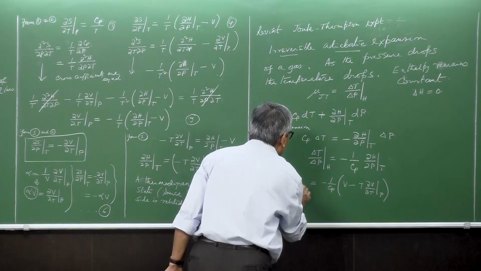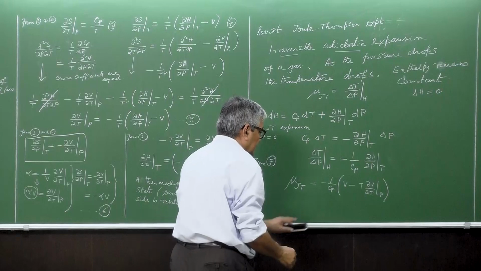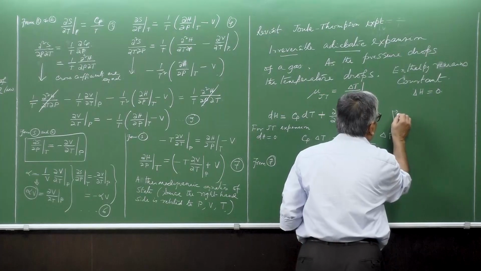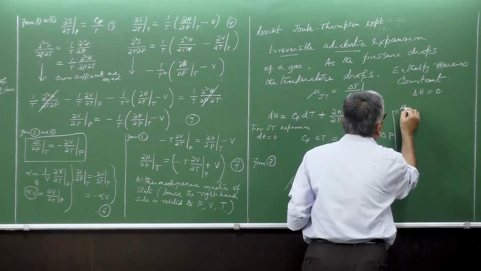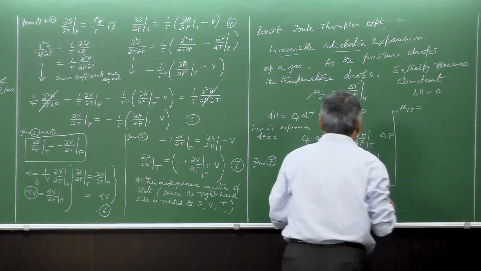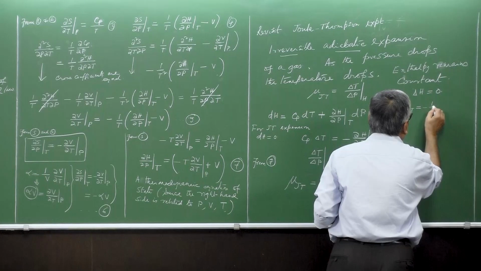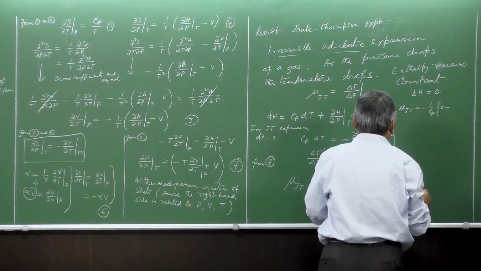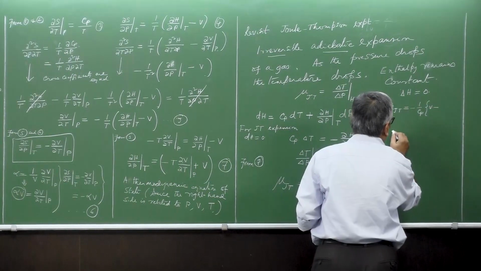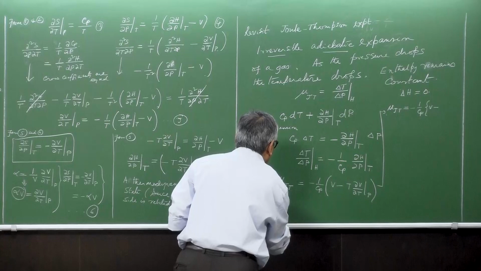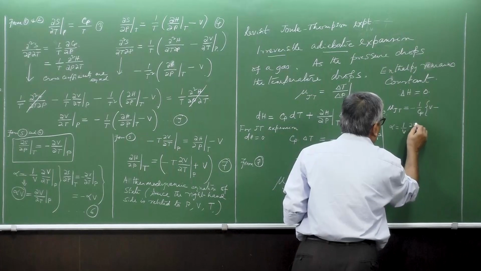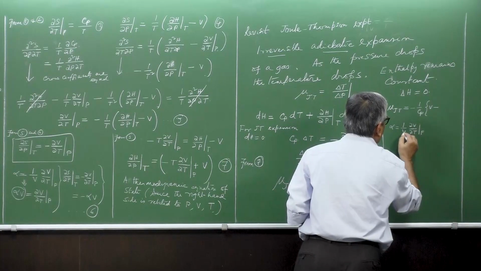So mu JT is basically a relation of this kind, and if we just rearrange a bit, then mu JT is equal to minus 1 by Cp times V minus T into, now you know that alpha equals 1 by V (∂V/∂T) at constant pressure, that is alpha.